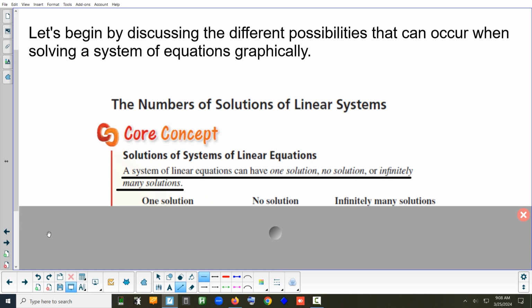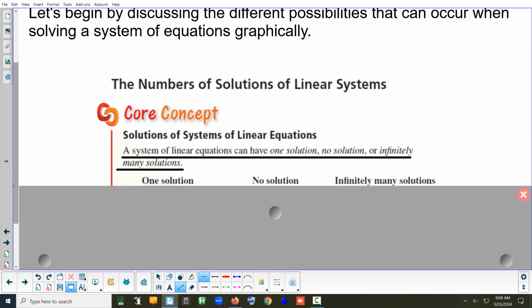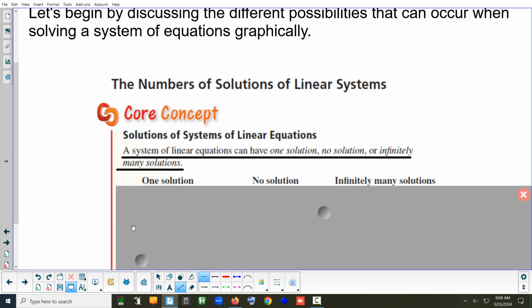It says a system of linear equations can have, and this is what you want to write down, one solution, no solution, or an infinite amount of solutions. And this is true no matter what method you use to solve it.